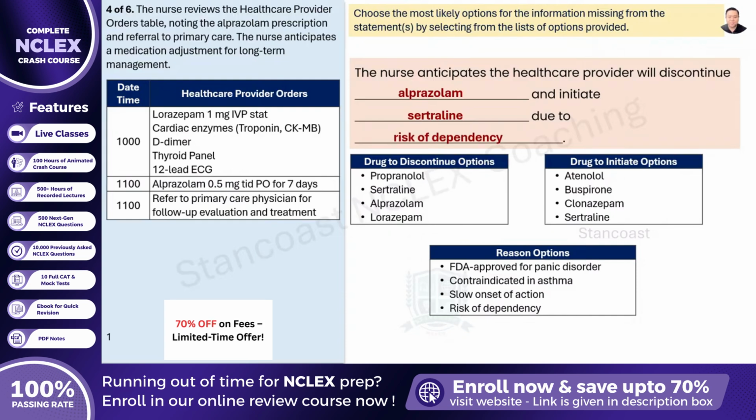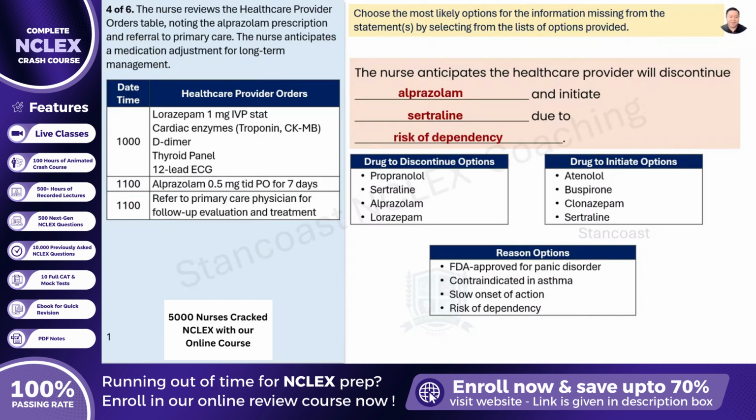This is the main reason why we need to discontinue administering this medication as ordered by the healthcare provider, because of its high potential for dependency. Even with short-term use, this medication can cause rebound anxiety, even withdrawal seizures. So we want this patient to switch to a much safer medication like sertraline.